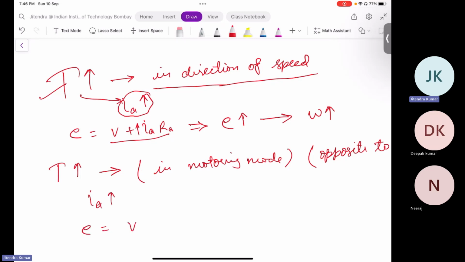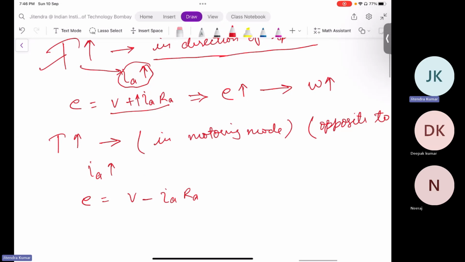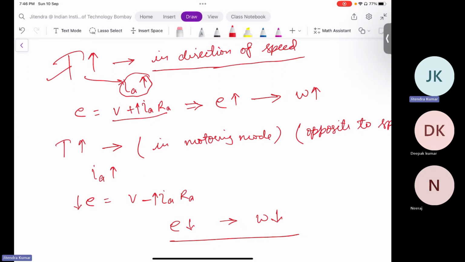EMF is equal to V minus IARA. Since we have increased the current, EMF induced will reduce. And when EMF induced is reduced, it will lead to the speed reducing. Now, are you able to relate all the cases?